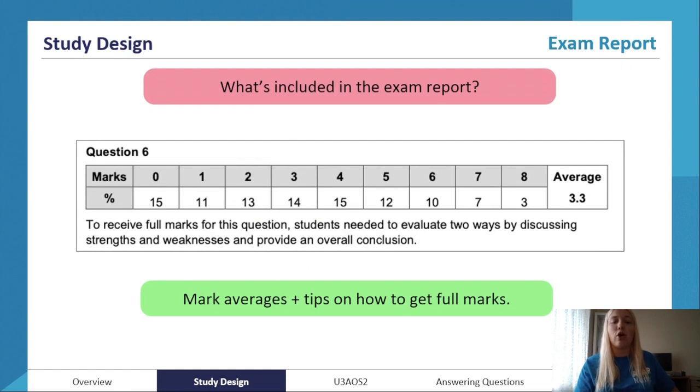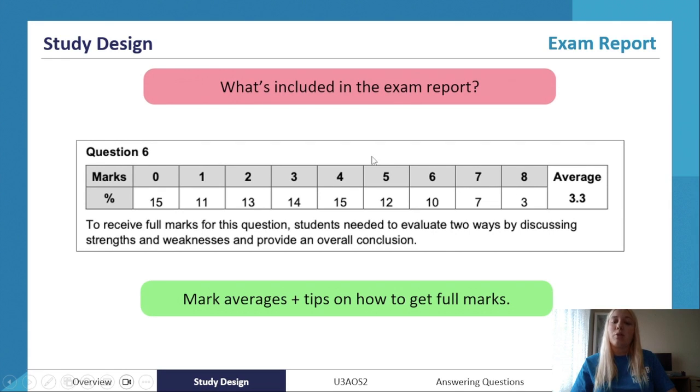Some of the things they've got are mark averages and tips on how to get full marks. So we can see in this example, students could score up to 8 marks on this question. It gives the average for the entire cohort that year that did the exam, 3.3, and it shows you the range.